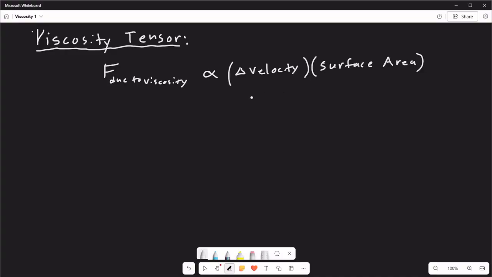The difference in velocity is basically the difference in velocity across the surface. So if I have this surface of fluid, and I have a velocity here, u, and another velocity down here, there's going to be some sort of viscous force caused by the fact that fluid in adjacent layers is moving at different velocities.